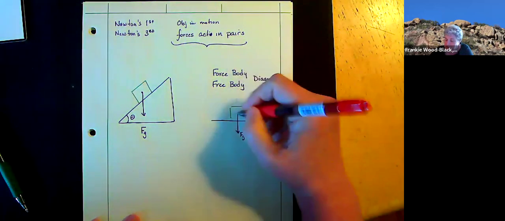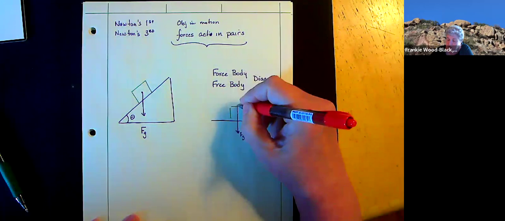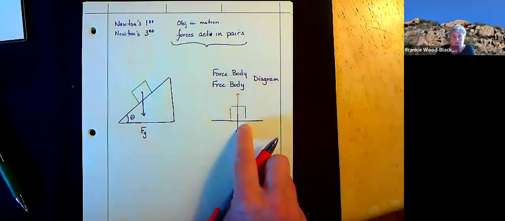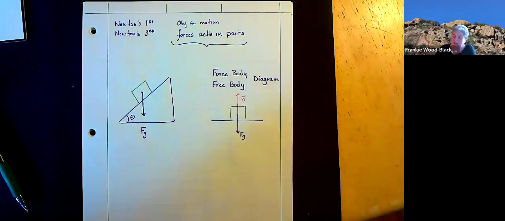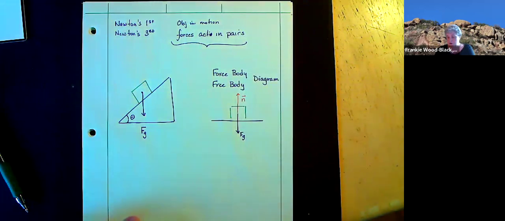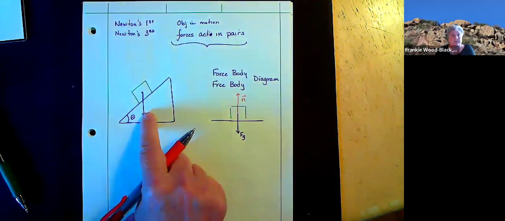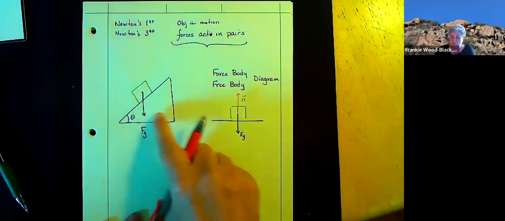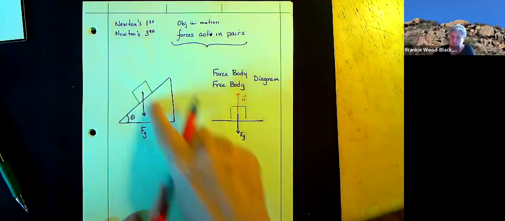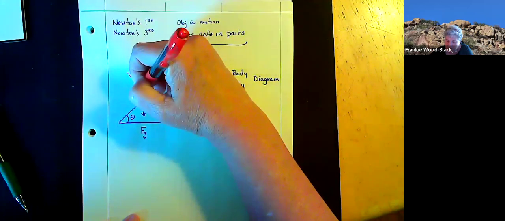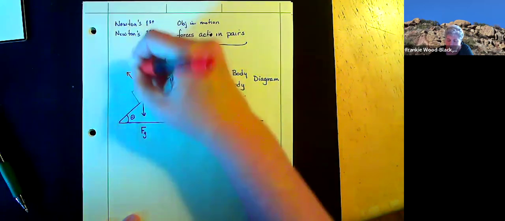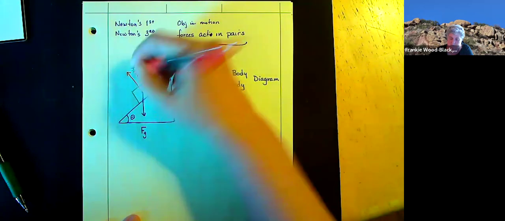And we could actually write the force that's perpendicular to my table. And we're going to call this the normal force, and we give it an n. It's still a vector. And we can have the normal force. But if I'm on this inclined plane, my normal force is going to be perpendicular to the surface. So my normal force is going to look like this.